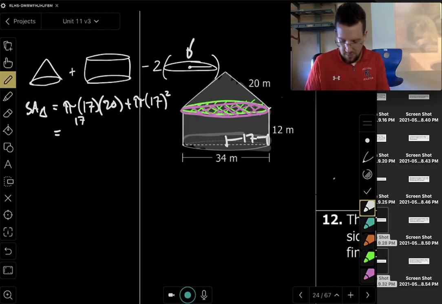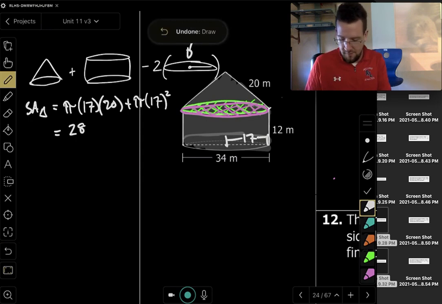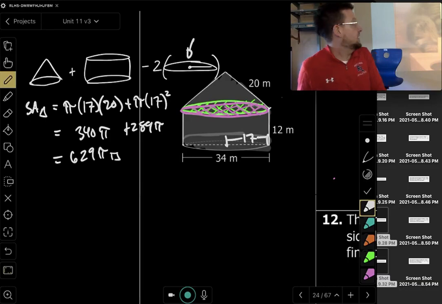What do we got? I got 289. 17 squared, and then 340 pi. These are both pi's, and now I'm going to add the pi's together. I get 629. I'm going to leave this like this until I can start putting stuff together.